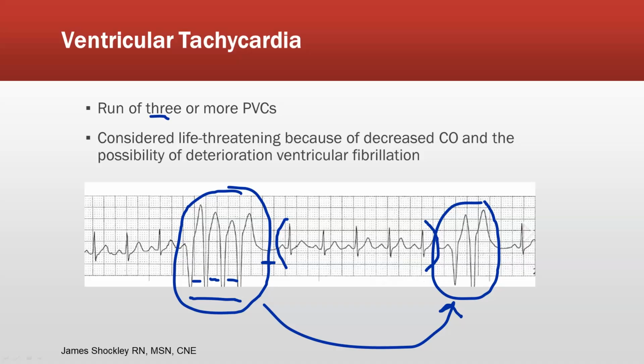Again, this is probably something that you want to address fairly soon, because it's a precursor to worse things happening. A 4-beat run of VTAC can turn into a 6-minute run of VTAC if you are not careful. So we are going to consider these as life-threatening because they can decrease your cardiac output.